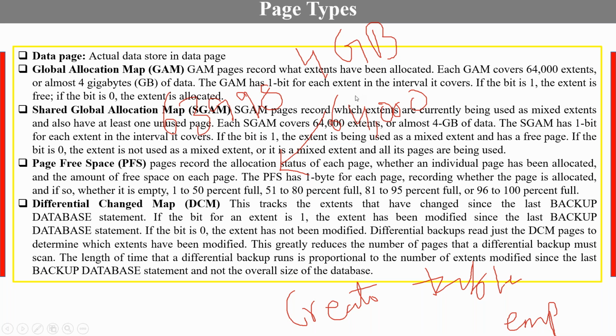If the bit is one, the extent is free. If the bit is zero, the extent is allocated. That is how SQL Server recognizes which extent is occupied and which is free.